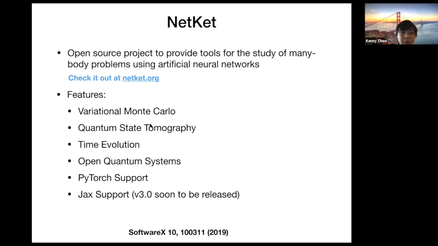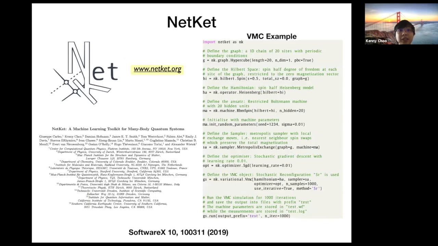And in the more recent versions, we are also adding support for PyTorch as well as JAX. This package has a very simple Python interface, and in the latest soon-to-be-released version, the backend is also completely written in Python, which makes it very simple if you want to extend and modify the code for your needs.